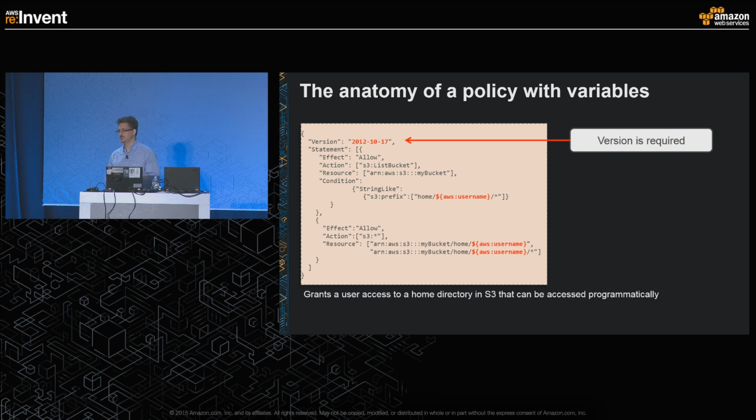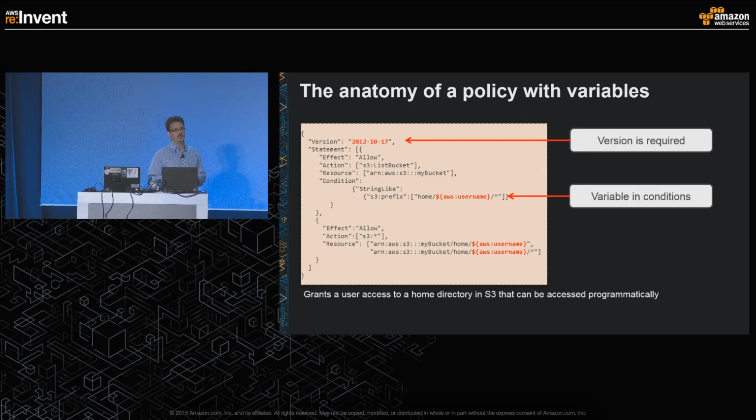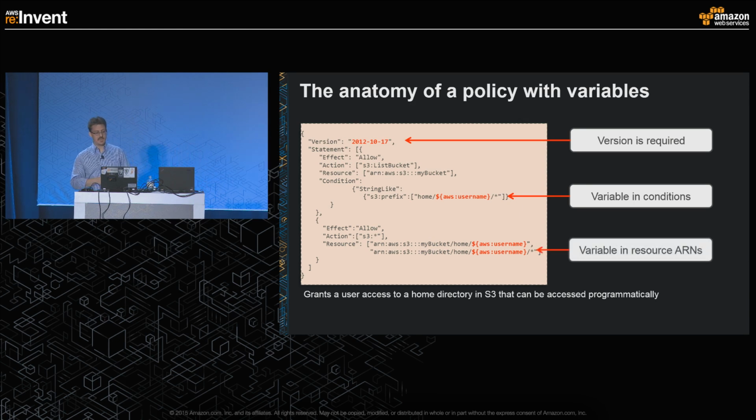And all the developers come smack me on the head and say, you didn't put the version in there, and of course it works. So what happens if you don't put the version? It treats all the variables as literals, i.e., the policy is not going to do what you think it's going to do. Now here I'm using the IAM username. So if this was Bob, this variable would resolve to Bob, okay? And you can use those variables in conditions, and you can use those variables as part of a resource ARN as well.